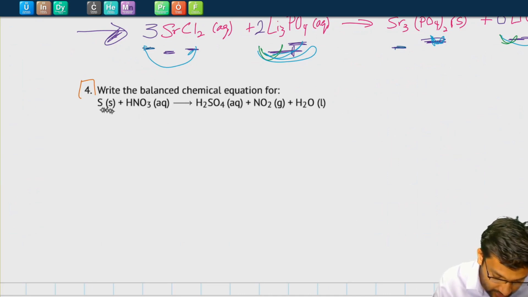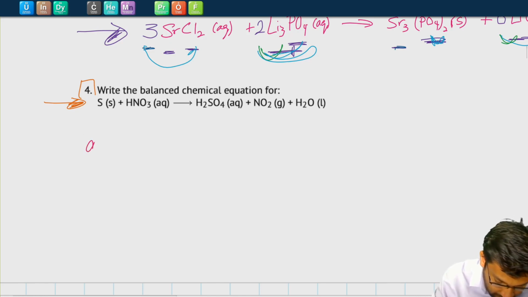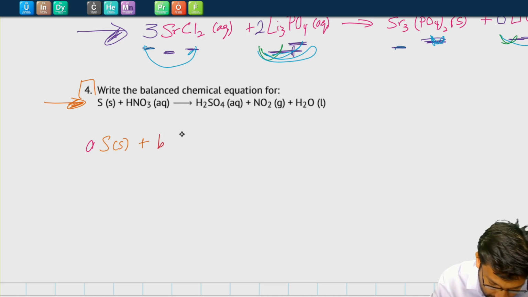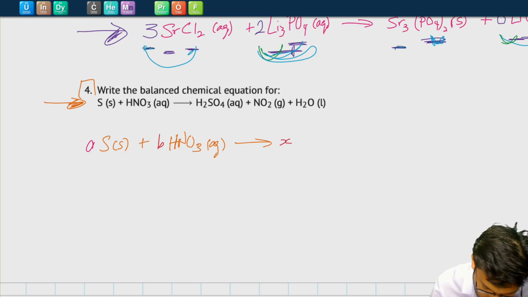And here, they already give us a starting equation, but they haven't balanced it. So let's use the longer method where we'll put a number of solid sulfur plus b number of aqueous nitric acid, HNO3, aqueous, going to give us x number of H2SO4, sulfuric acid, aqueous.